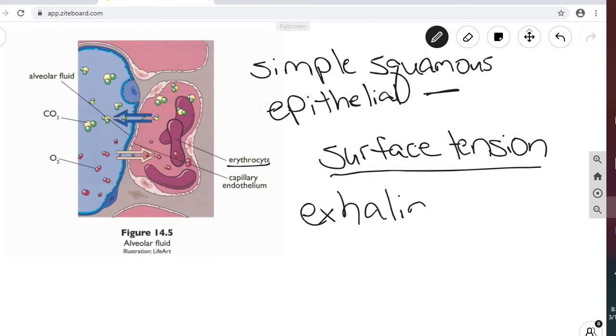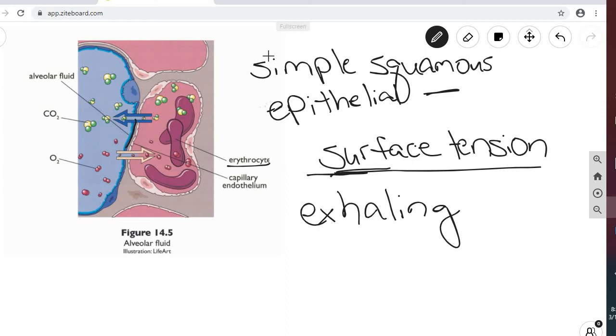Okay, so let me say that again. Water molecules like to stay together, and that's really due to their hydrogen bonds, but we call that surface tension. And because there's this fluid in here, when the alveoli inflate with air, that pressure is enough to force the water molecules apart so that you can inhale, but they don't want to move apart because of this surface tension.